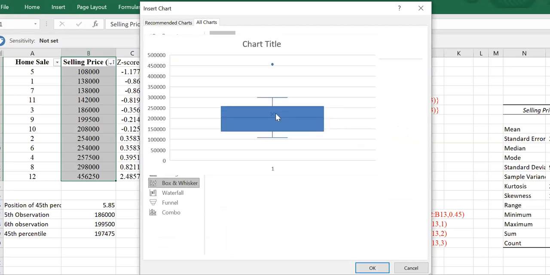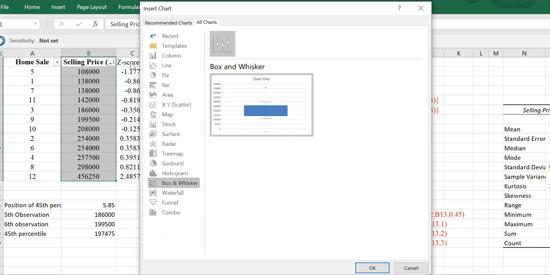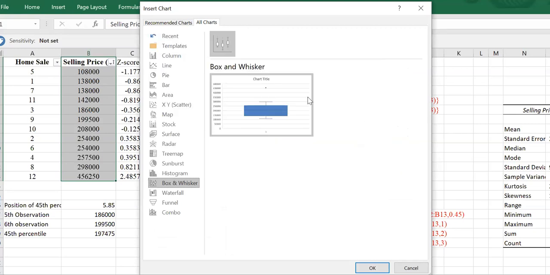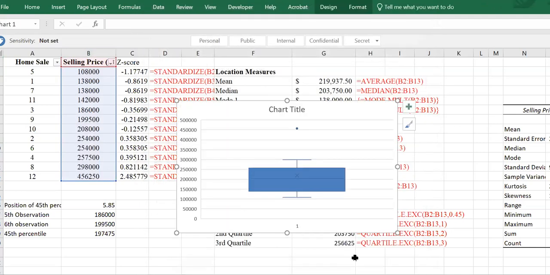Again, I'm just doing it for one column, but if you have multiple classes or multiple samples, you can put them in different columns and highlight all these columns at the same time, and that will give you multiple box plots on the same graph, which is great for comparison again.